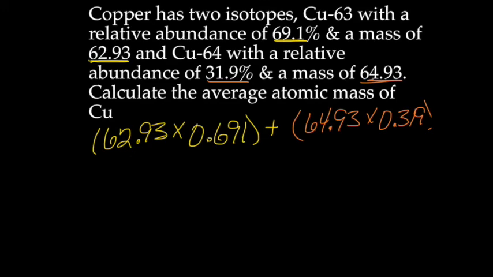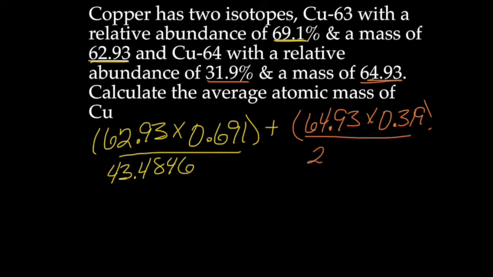All right, so when I multiplied the stuff for copper 63, I got 43.4846. And when I did the multiplication for copper 64, I got 20.71267.